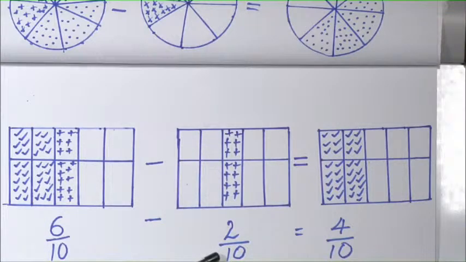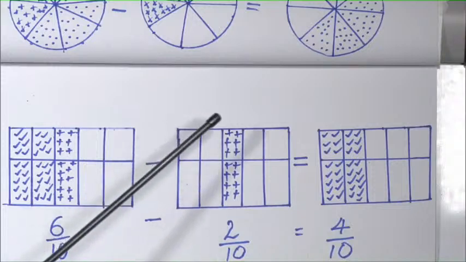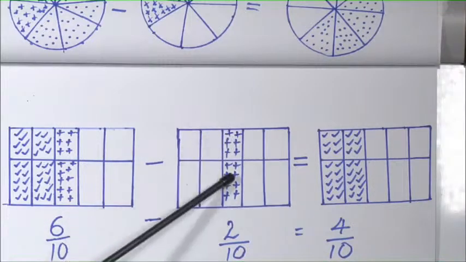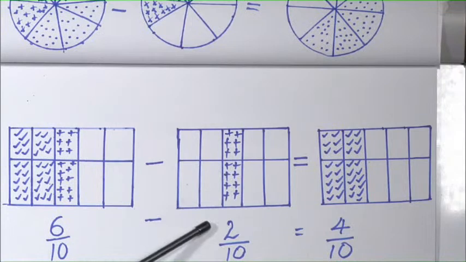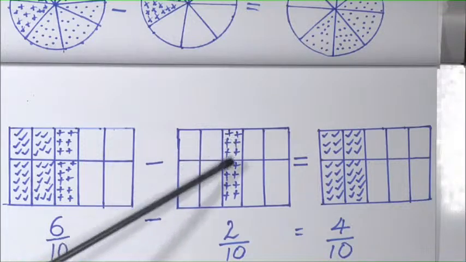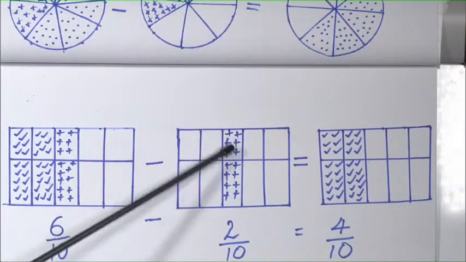Here it is. The denominator. Very good. How many parts have been shaded? 1, 2. Here it is. What do we call it? The numerator. Say it again. The numerator.